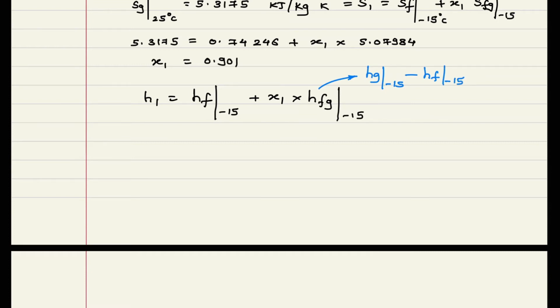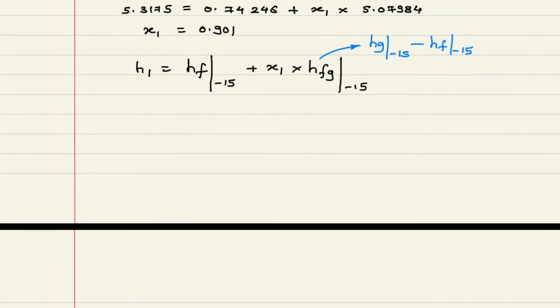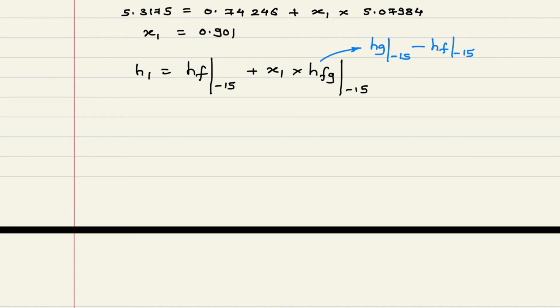So we'll go back to the table. At -15, Hf value is written over here and Hg value is written over here. Okay, so we have to use both the values. We'll write down this equal to Hf at -15, 131.275 plus X1 0.901 into Hfg.